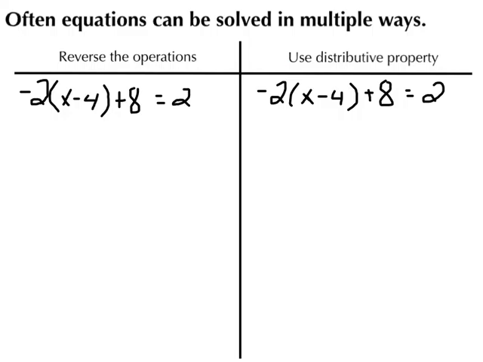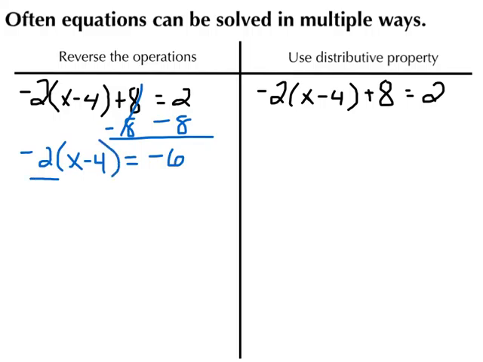So I will do the first problem in blue, and the second problem I will do in green, so we can see the difference. So we're going to reverse order just like we did using reverse operations. So we're going to do minus 8 on both sides. Negative 2 times x minus 4 equals negative 6.